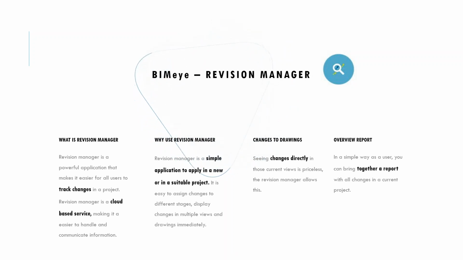If you compare this to a regular change process, if you work in a design tool like Revit, for example, you have to have a separate file, and you type in what you have done, and you send the file to the other consultants. You don't know if it's the latest one or if you have typed in all your changes. So you can do it, but this is a more powerful and efficient way to work.